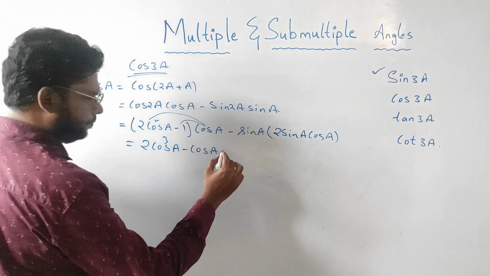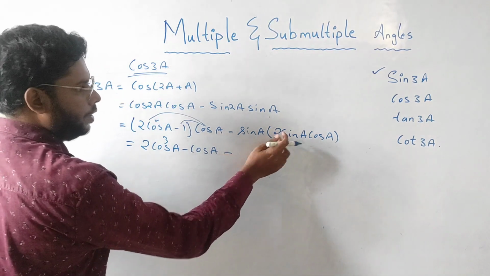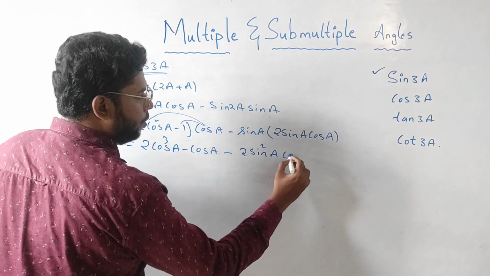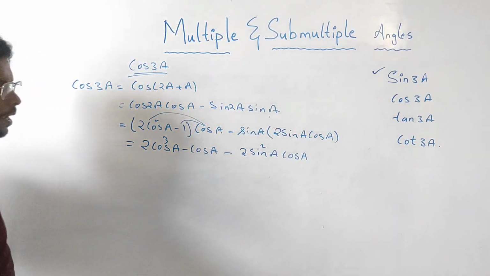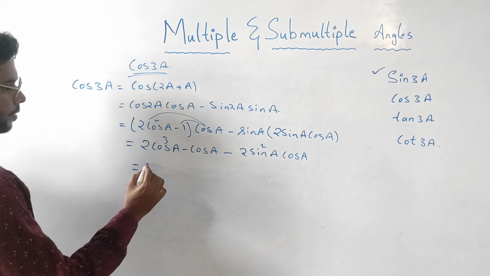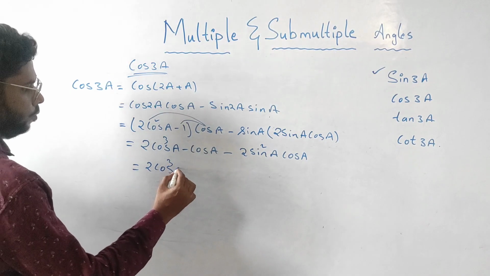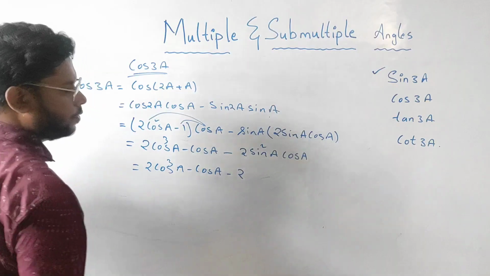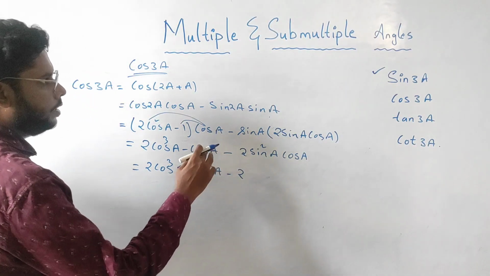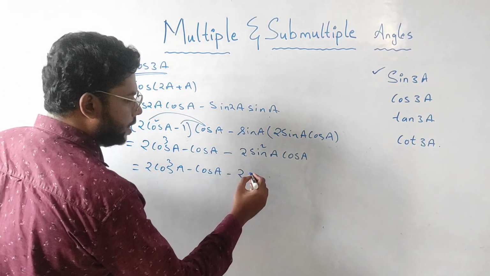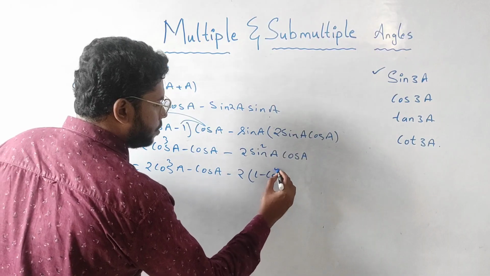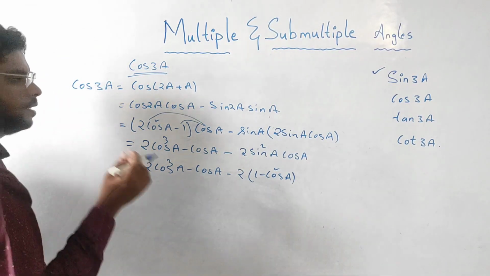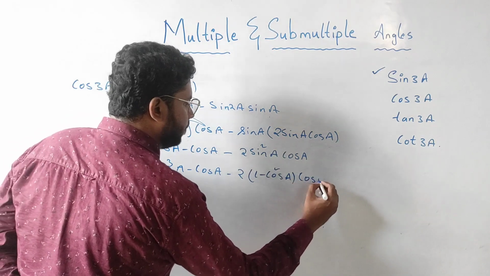Similarly here also, minus sin A into 2 sin A cos A becomes minus 2 sin square A cos A. Now in the place of sin square A, as we have written in the identity, can I write 1 minus cos square A? From the identity, sin square A is equal to 1 minus cos square A, and this cos A stays as it is.